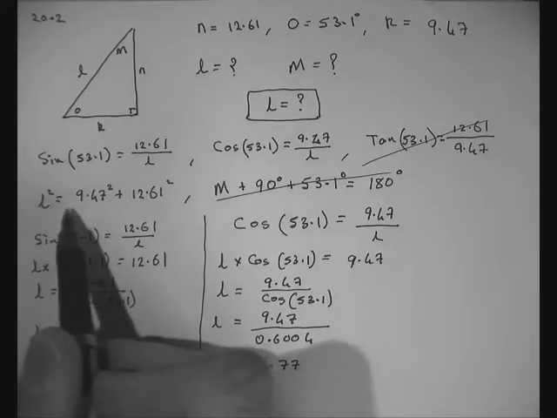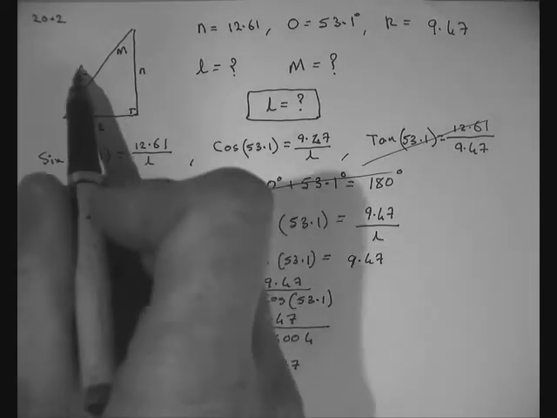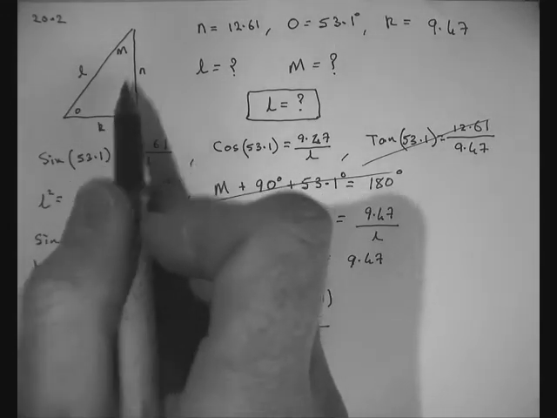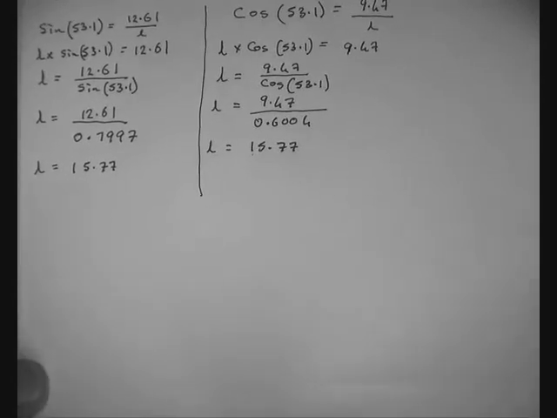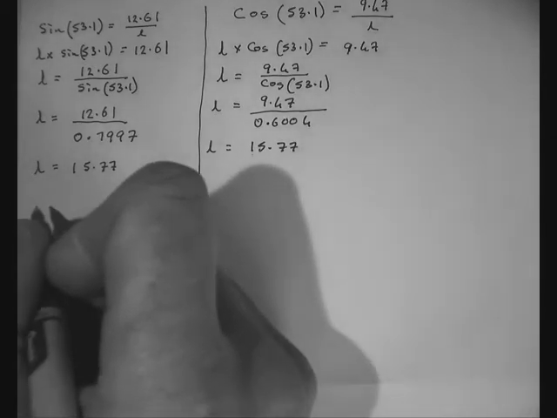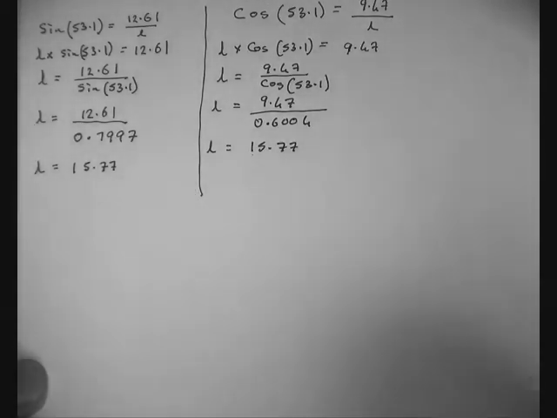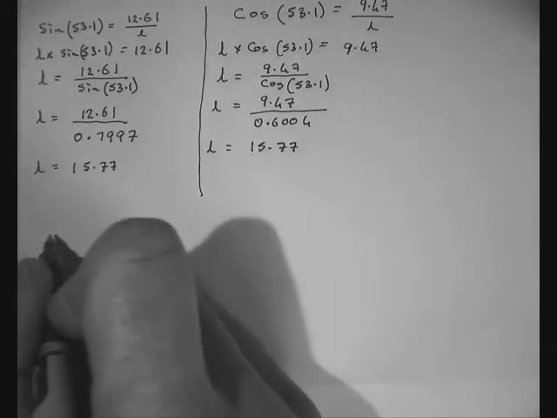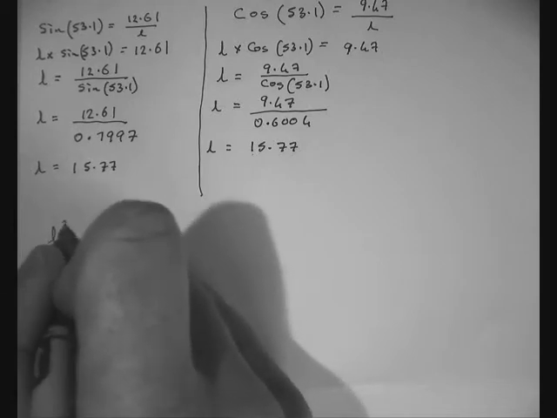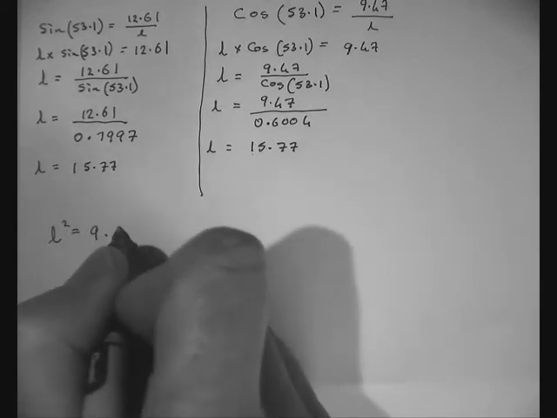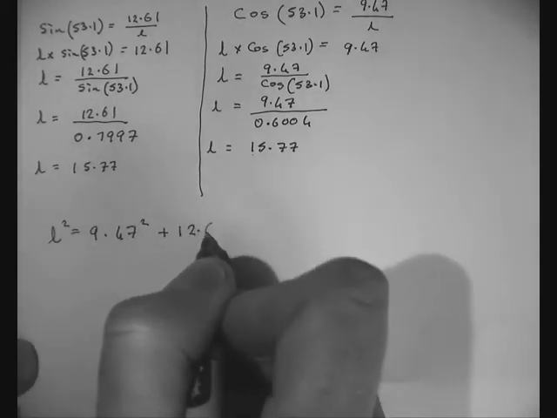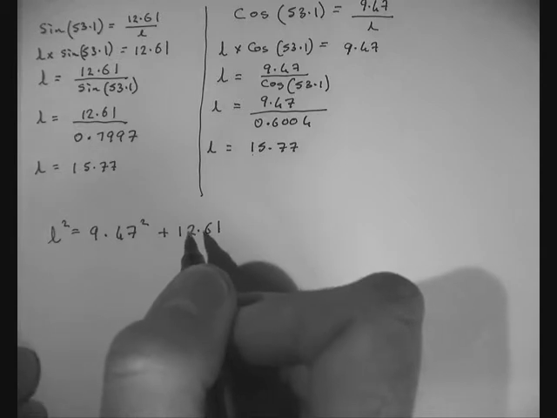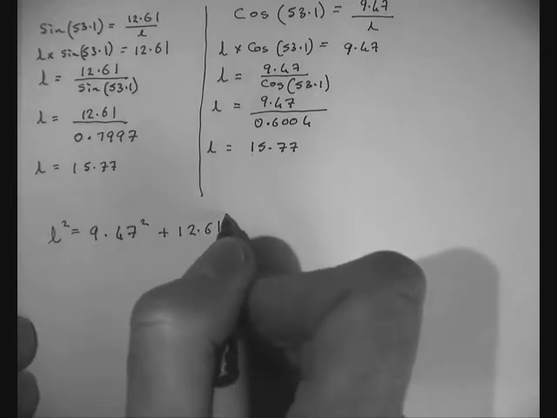We're going to use Pythagoras, and Pythagoras tells us that the square of the hypotenuse is equal to the sum of the squares of the other 2 sides. So copying that down from up above, we have L squared is equal to 9.47 squared plus 12.61 squared.